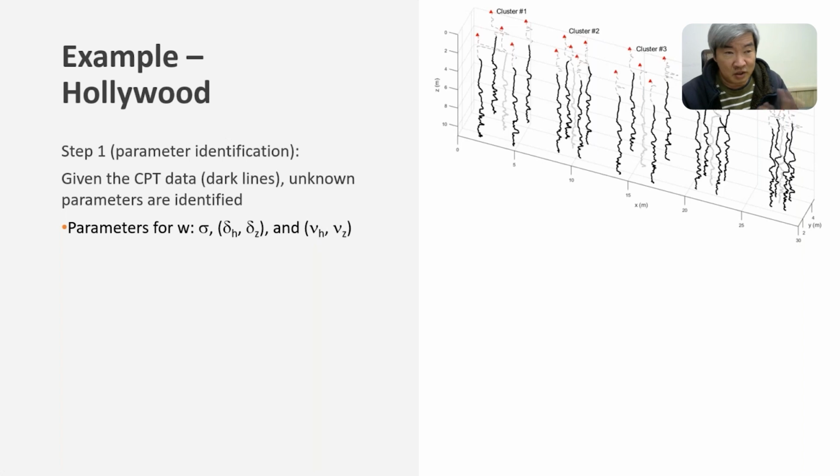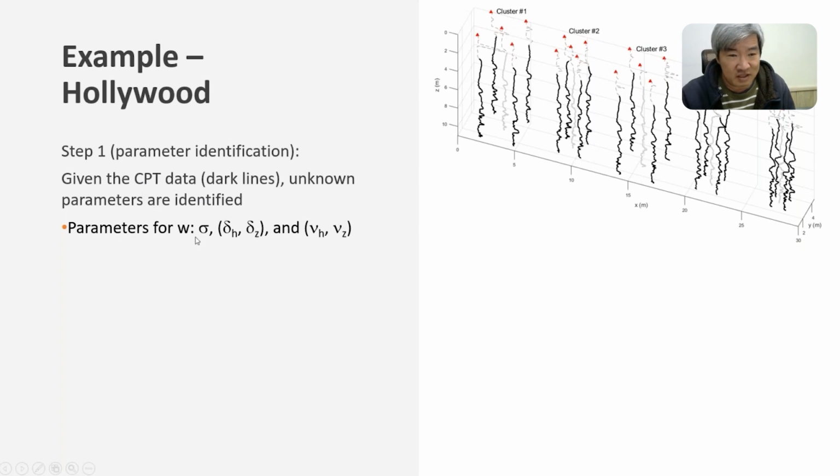But all the process done in step one is behind the scene. You will not see it in the Settle3 software. But you need to know that there is a step one in this engine, which does this parameter identification.